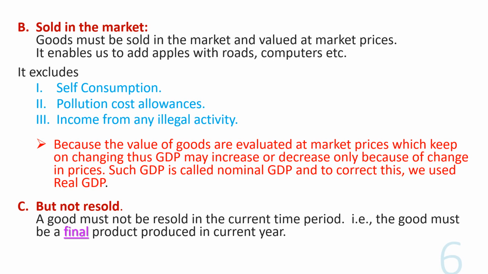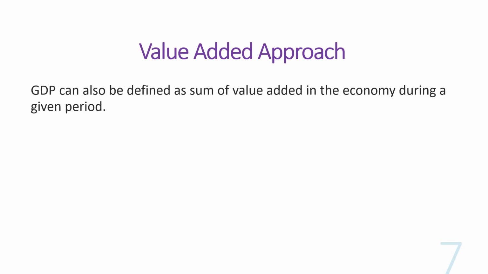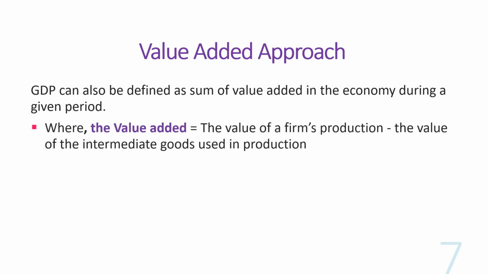Second approach is value added approach. We can also define GDP as the sum of value added in the economy during a given time period, where value added is the net of the value of a firm's production, and we subtract the value of intermediate goods used in the production.